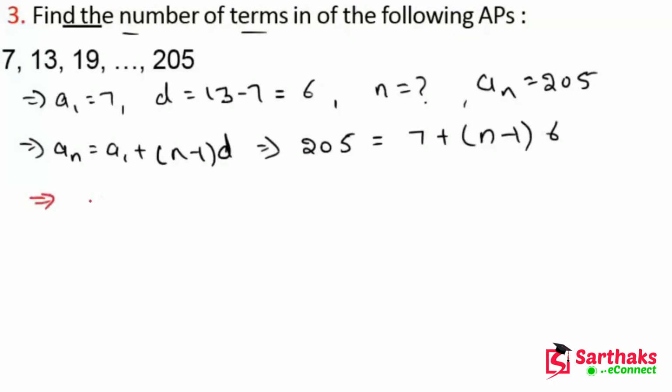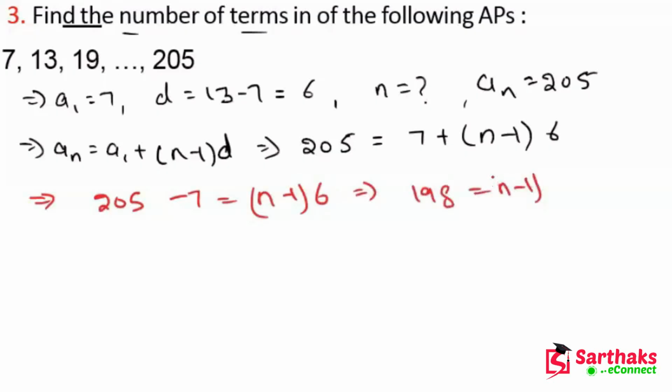So this will become, my dear friends, 205 minus 7 is equal to n minus 1 into 6. So we get 198 is equal to n minus 1 into 6. I hope you get this point. So now n minus 1 is equal to 198 divided by 6, which is equal to 33.